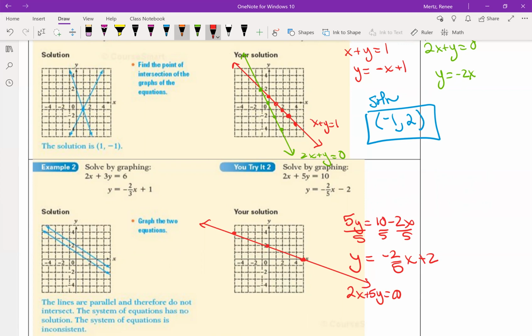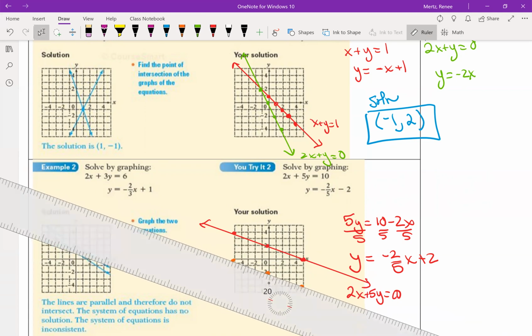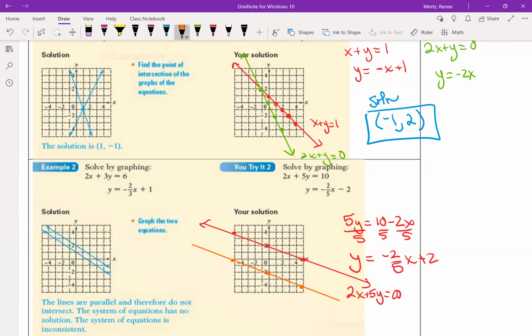So what do we know about two lines with the same slope? They're going to be parallel, very good. Down 2, right 5, up 2, back 5. So we'll make sure we write no solution. We'll label that other line.